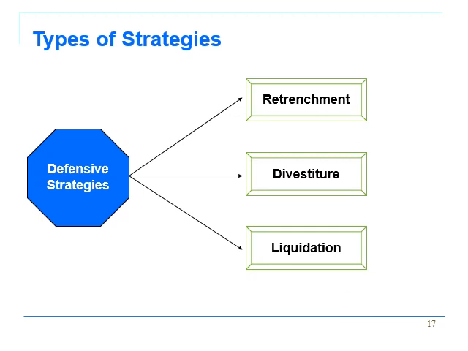In addition to integrative, intensive, and diversification strategies, organizations could also pursue retrenchment, divestiture, or liquidation strategies, which are going to be encapsulated under the heading of defensive strategies. So let's move on and see what these strategies are.